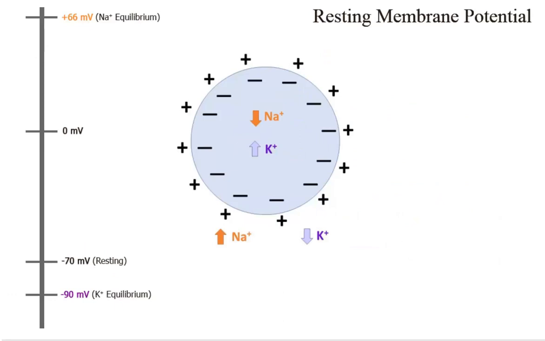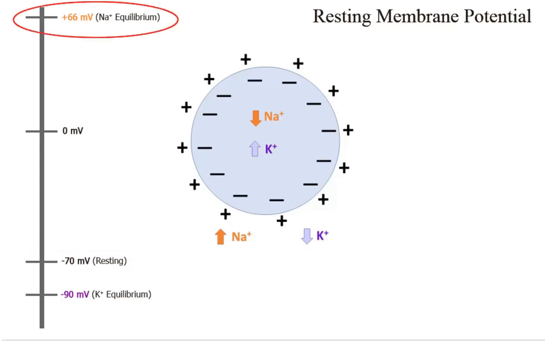Let's recall a few numbers that were covered in the background information section. Recall that at 0 millivolts, the cell is not polarized. It has equal charge concentrations. The resting membrane potential is minus 70 millivolts, which means that the cell is more negative on the inside and positive on the outside.